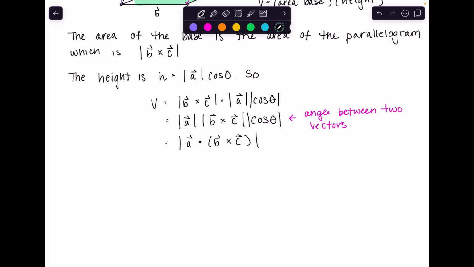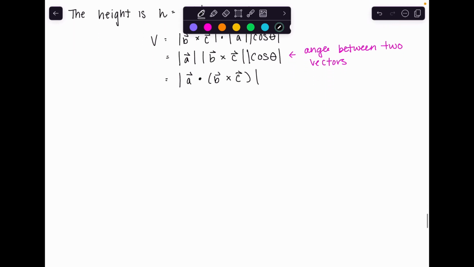You can use this triple scalar product to find the volume of a parallelepiped. Instead, I'm going to do a different application of it. So we're going to look at the example that wants us to determine if the vectors are coplanar.